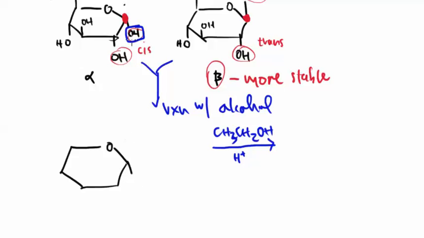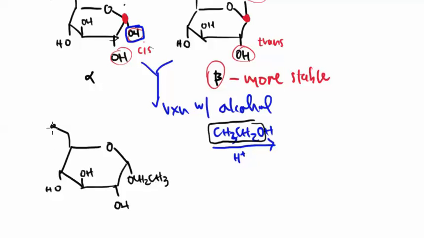This OH group is going to be substituted for the OCH2CH3 group, and then everything else stays the same in the molecule. It doesn't really get touched at all. So this is what we see happen with the actual sugar itself.